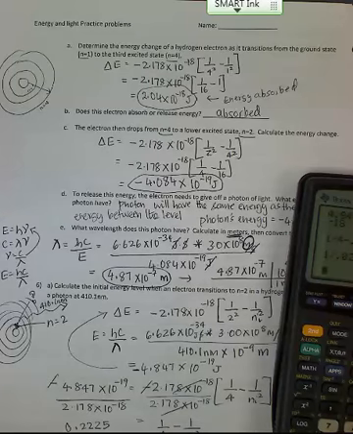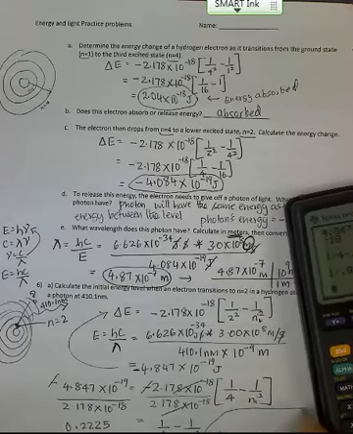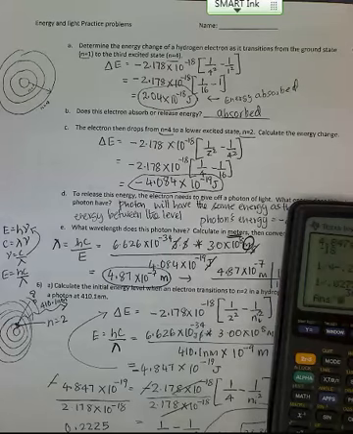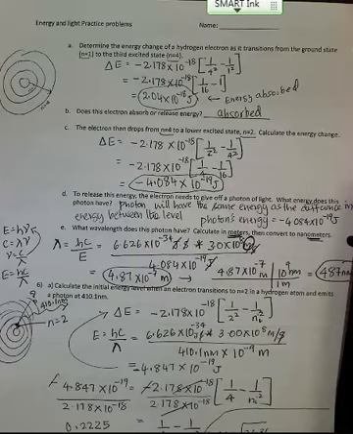So if I now take the square root of this to solve for Ni, if I now take the square root of 36.36, I get 6.03 actually. Now I'm actually solving for the initial energy level.